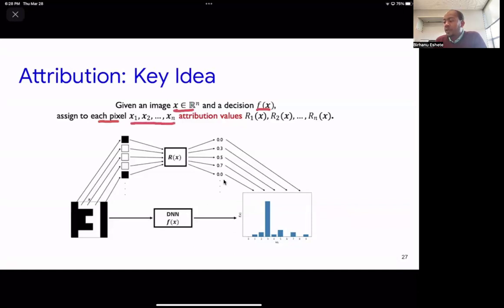We're going to assign what we call attribution values, r1 of x, r2 of x, up to rn of x, such that every pixel is going to be annotated with an attribution value. And the attribution value is actually a score that we're going to give to indicate the importance of that feature or that pixel, in the case of images, to the decision that we're looking at.